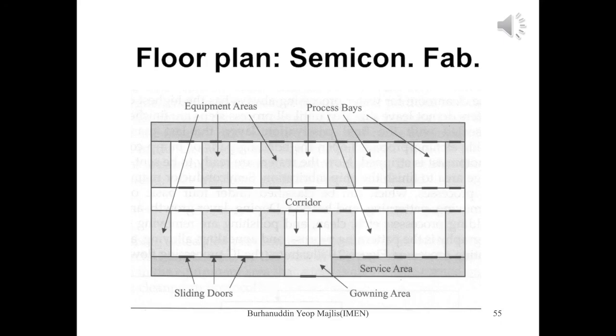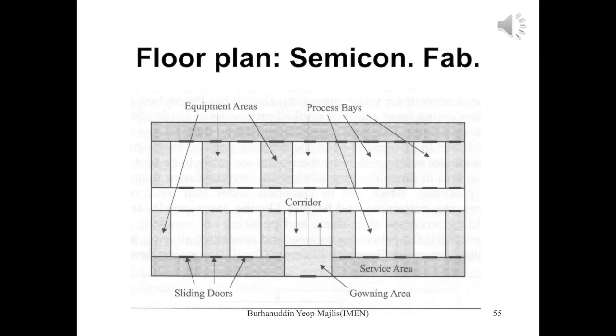Okay, this is the floor plan of a semiconductor fab. It is just an example, not necessarily like this. It depends on the design, but the concept is like this. When we enter the gowning area, the clean room, then we have the corridor. We can enter many process bays. For example, the clean room is in the process bay.